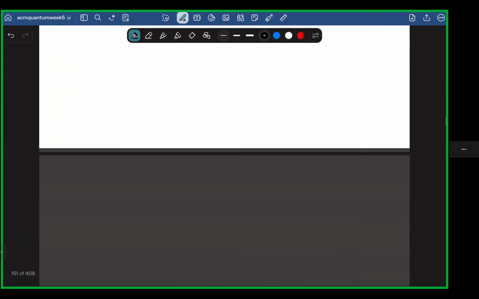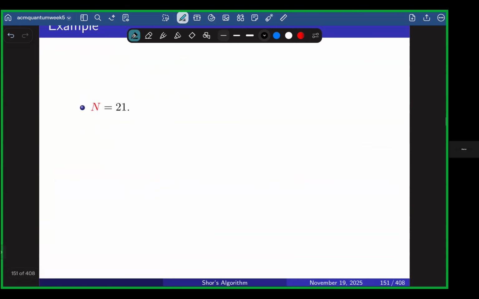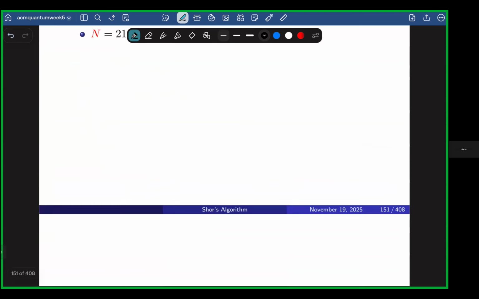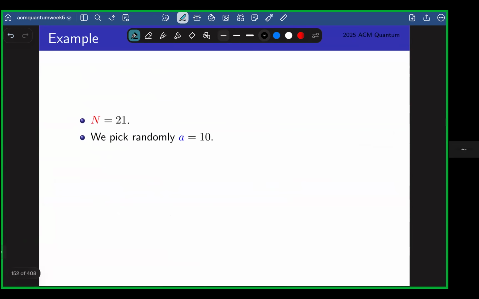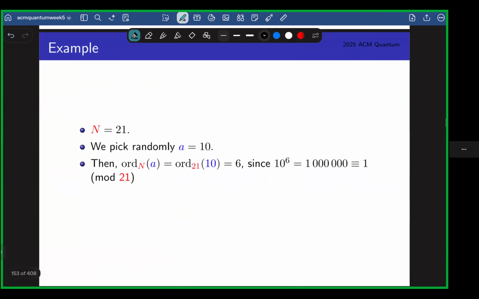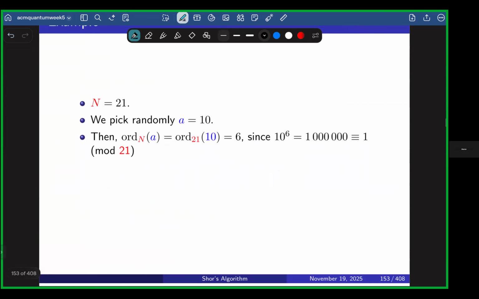I think I walked through an example. Let's say the number we want to factor is 21. We pick randomly that a equals 10, and then the order of 10 mod 21 is 6, because 10 to the 6 is 1 million, which is equivalent to 1 mod 21. You can check on that.